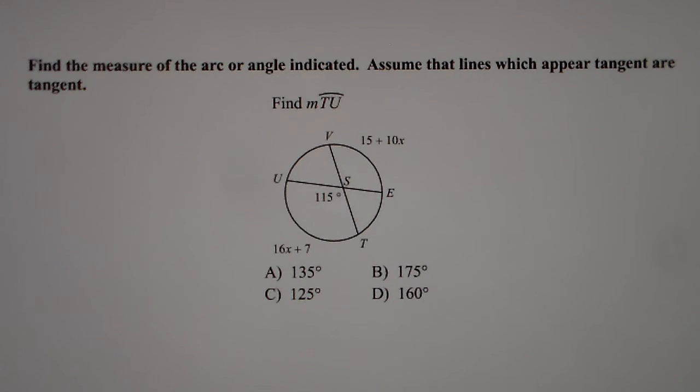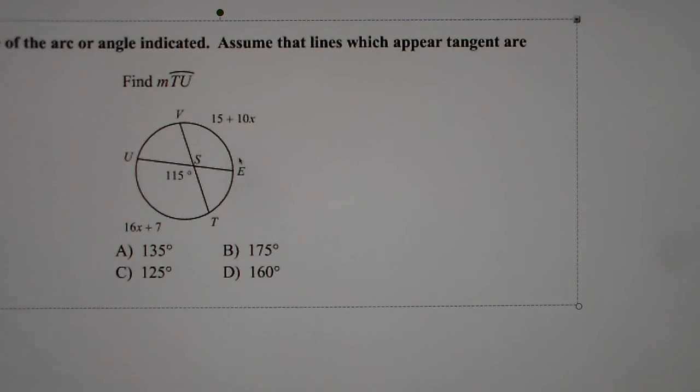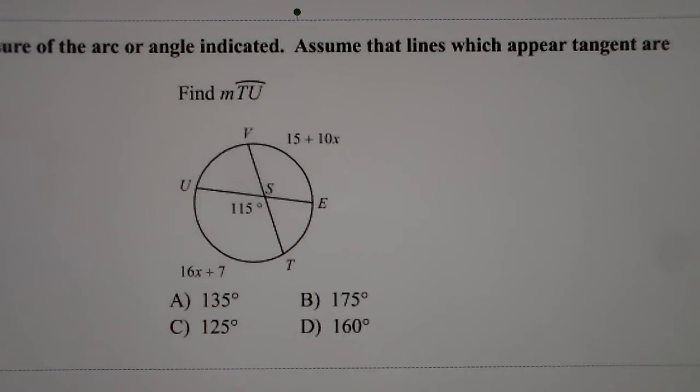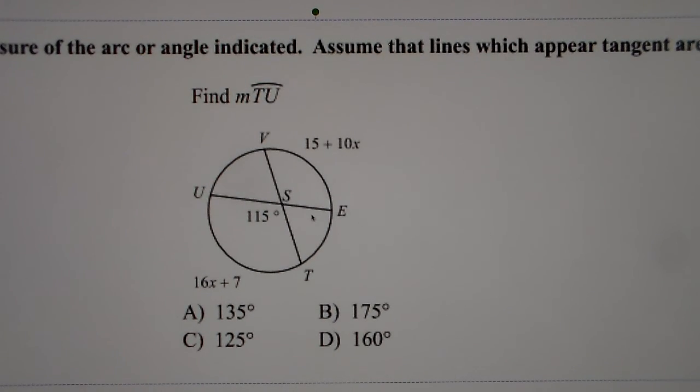Alright, here's the next style here. Find the measure of the arc or angle indicated. Assume that lines which appear tangent are tangent. Those are the directions. So in this type of problem, let's make this a little bit bigger so it's easier to see on your screen. There we go.